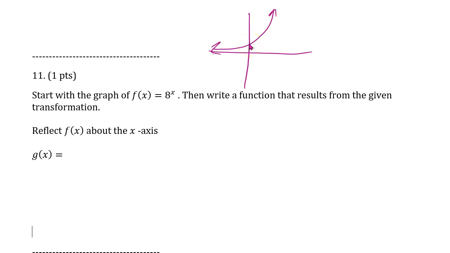In other words, it would reflect and go this way instead if it were a growth equation. This is a vertical change, and because it's a vertical change, it's also outside the operation. That means all we need to do is multiply the 8 to the x by a negative at the front. Let's now look at the next problem.